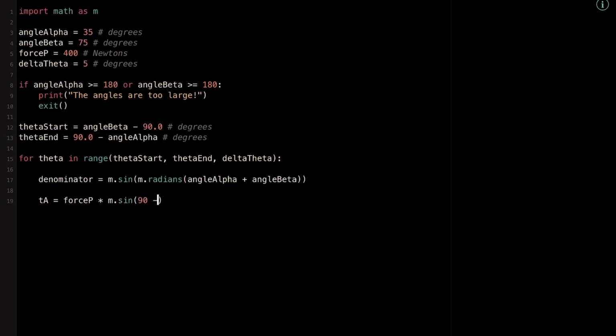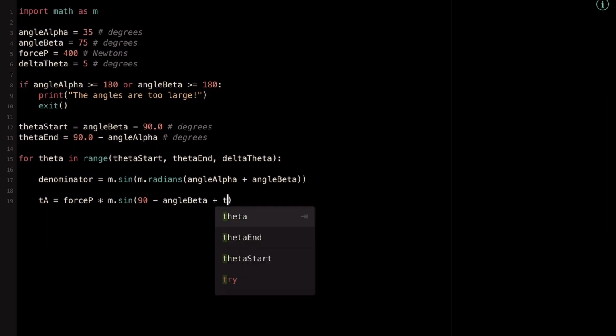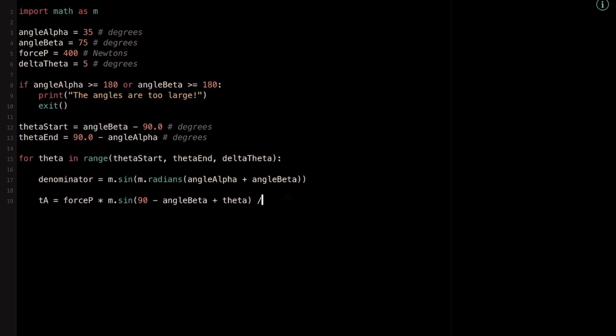It was 90 minus angle beta plus the angle theta. And that is the value that we're iterating over in this for loop. So this theta value is what's going to be plugged in here. And all of this is going to be divided by our denominator, which was this value right here.